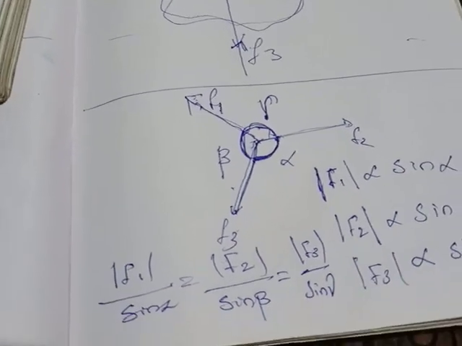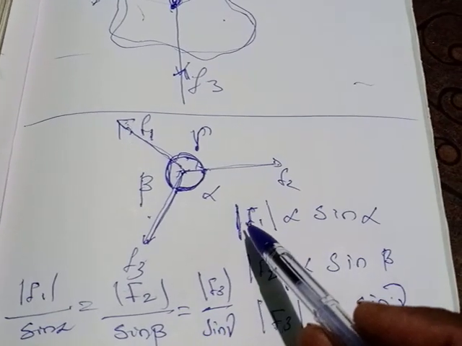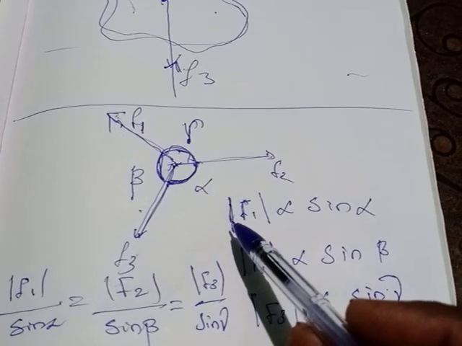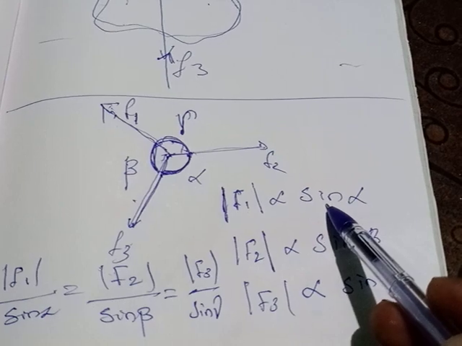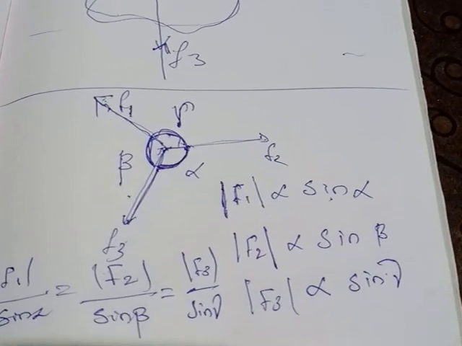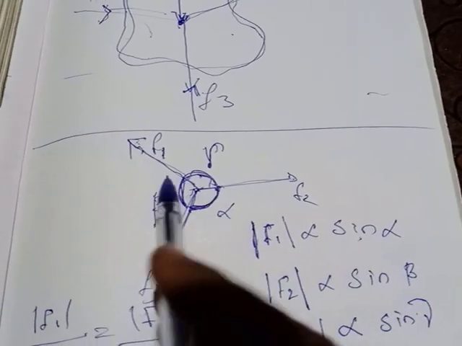So this is a very important 3-mark question. What does Lami's theorem mean? You can tell that the magnitude of each force of the system is proportional to the sine of the angle between the other two forces. I told the example and the explanation.